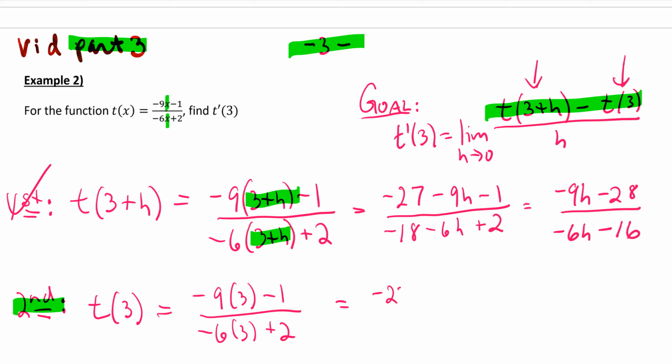So negative 27 minus 1 over negative 18 plus 2 is negative 28 over negative 16. 4 goes into both of those, so we're going to have 7/4. 28 divided by 4 is 7, 16 divided by 4 is 4, and a negative over a negative is a positive. That's step 2.